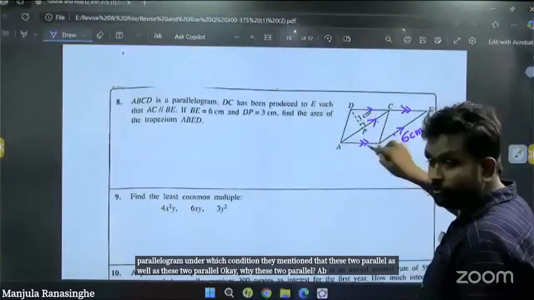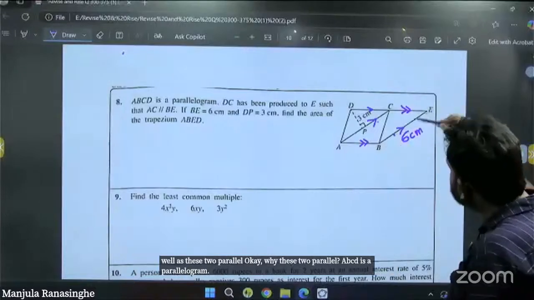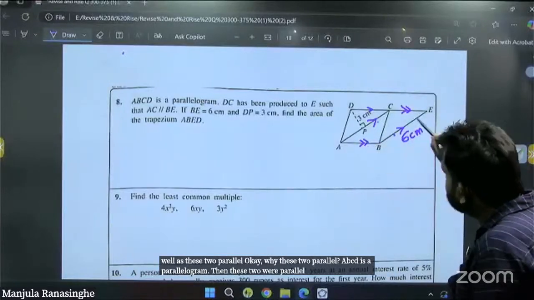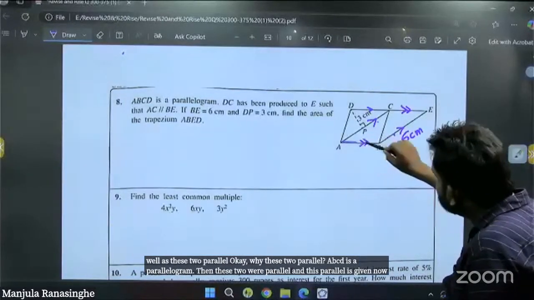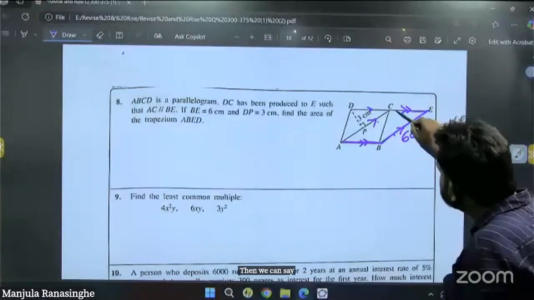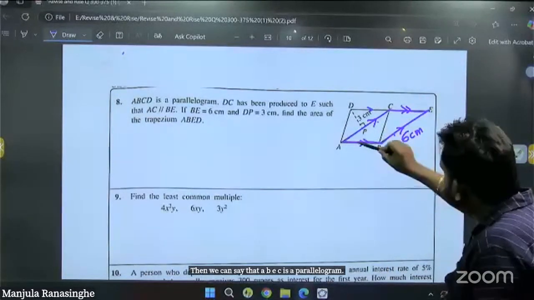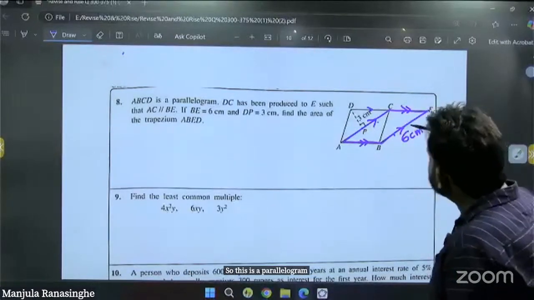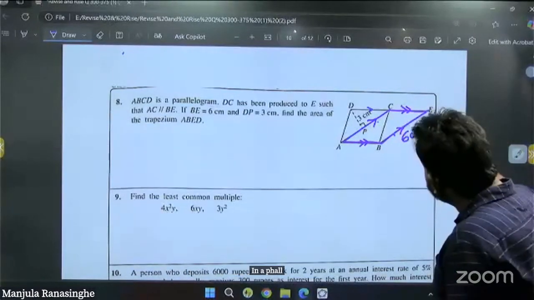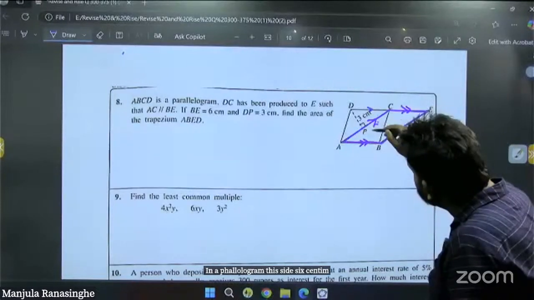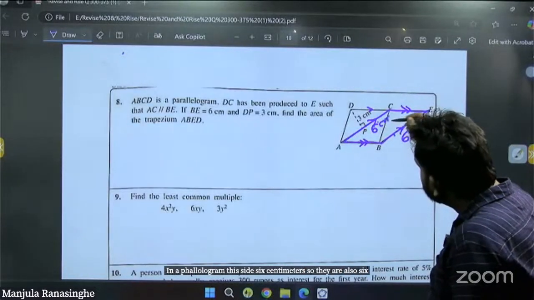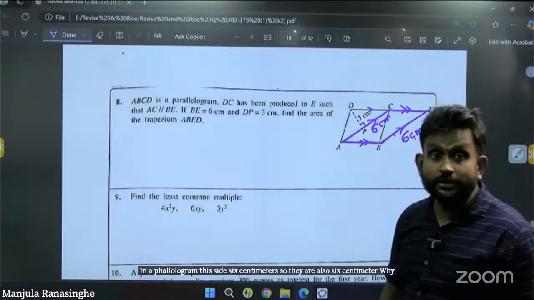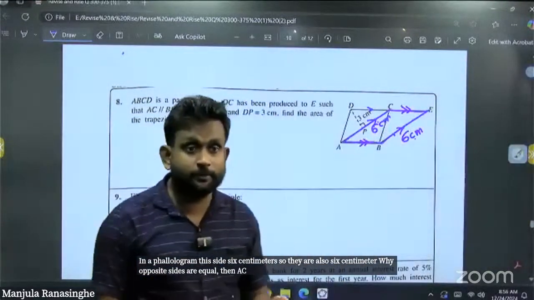ABCD is a parallelogram, so these two are parallel, and this parallel is given. Then we can say that this is a parallelogram. In a parallelogram, this side is 6 centimeters, so there also 6 centimeters, because opposite sides are equal. Then AC comes as 6 centimeters.